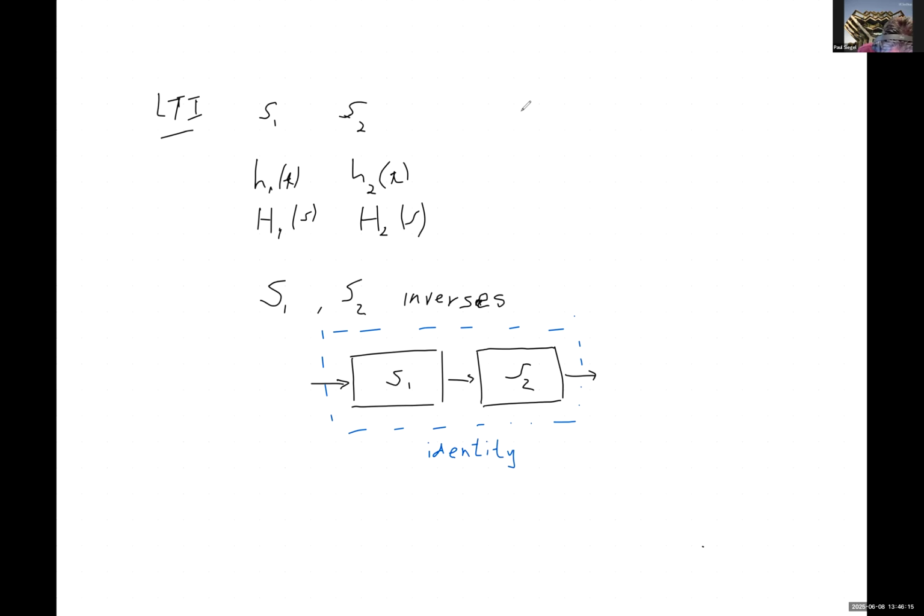Because it's a serial concatenation, from the property we just looked up, the overall transfer function will be H1 of s times H2 of s. But we know the overall system is the identity, so the overall impulse response is the unit impulse, and its Laplace transform is just equal to 1.